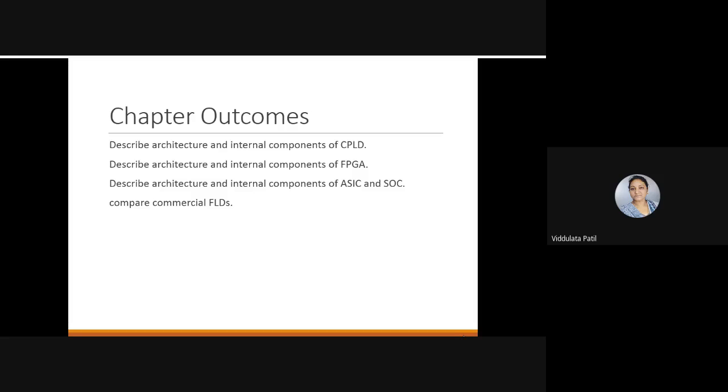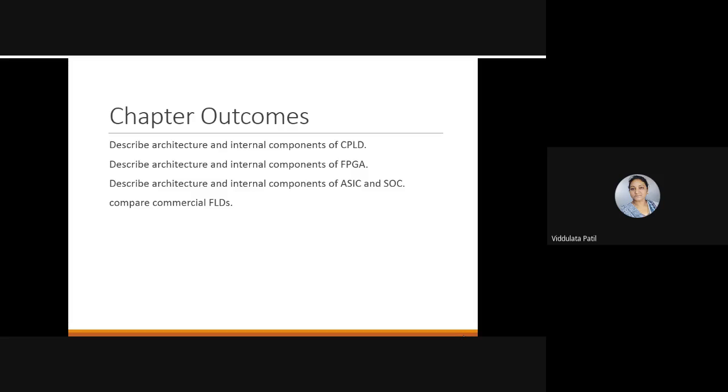This will be a little bit of introduction regarding system on chip, which is actually a very vast topic. Then we are going to compare all these devices, so that we will have an idea of the differences between them.